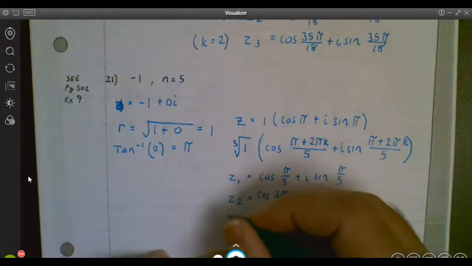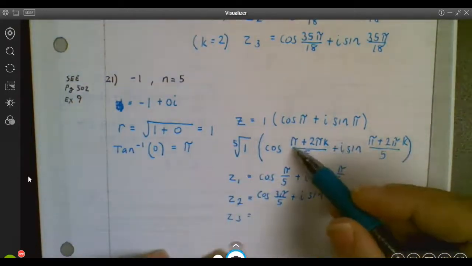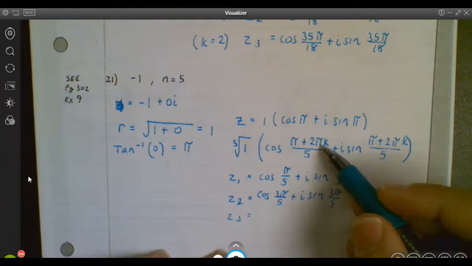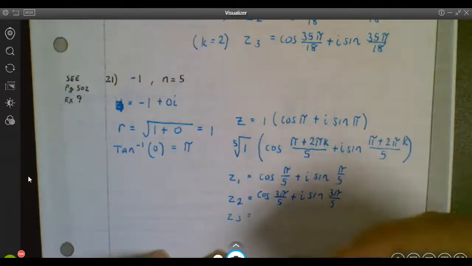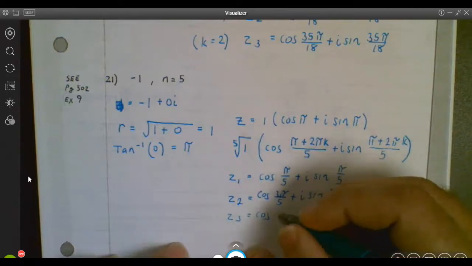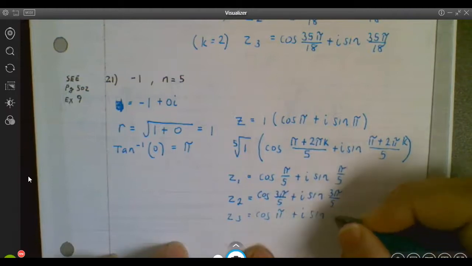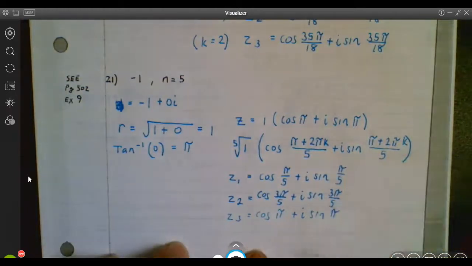So to get my third root, I'm now going to plug in a 2 for k, so this is going to be pi plus 4 pi over 5, which is 5 pi over 5, which is just pi. And then we can keep going.